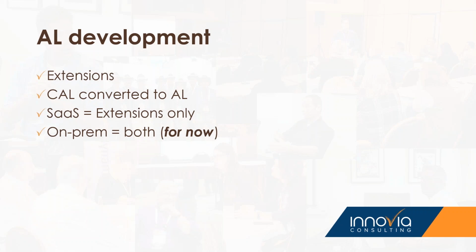On-premise right now, you have the option to run both, and this works very well because it allows you to transition your modifications from CAL, from the classic development, to AL. But again, just keep in mind, that's for now. At some point in the next year or two, Microsoft has said that will go away.